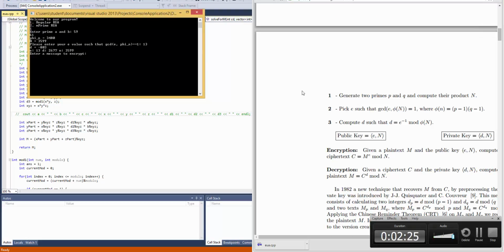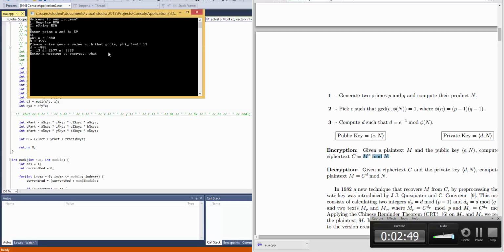So our D is going to be a number that we get from the extended Euclidean algorithm, and here is the formula for it. And our E, which helps us to encrypt our message, is used to get the ciphertext of the message.